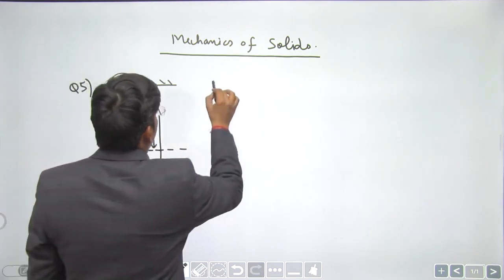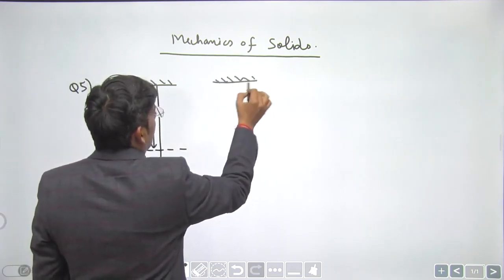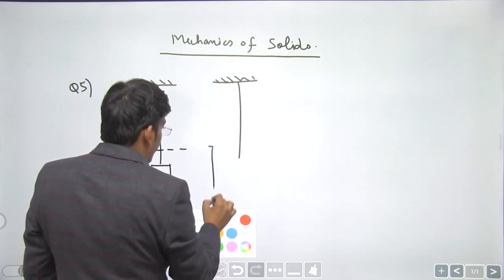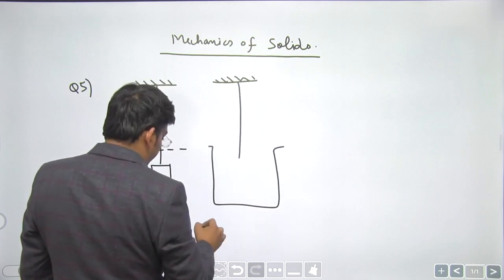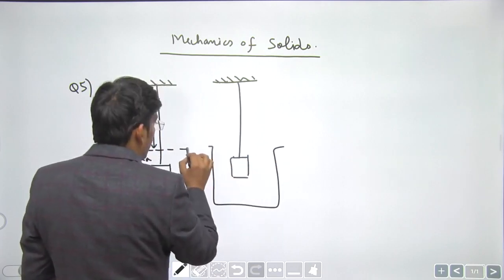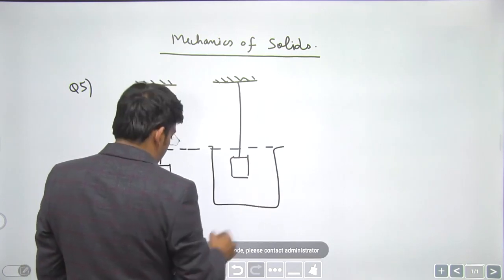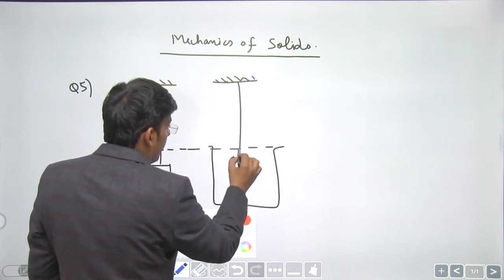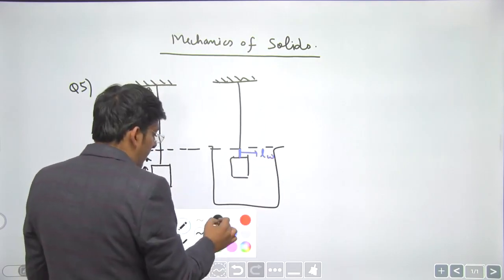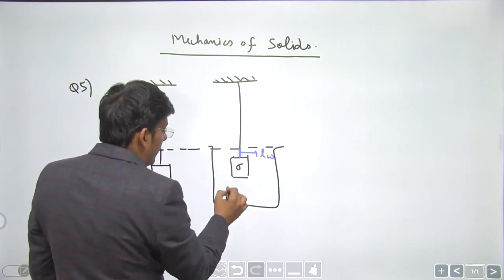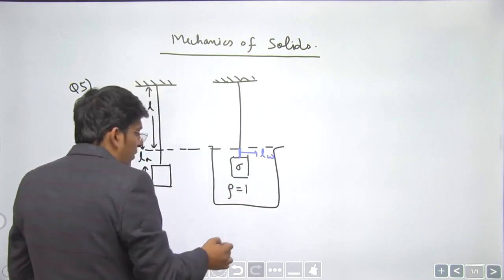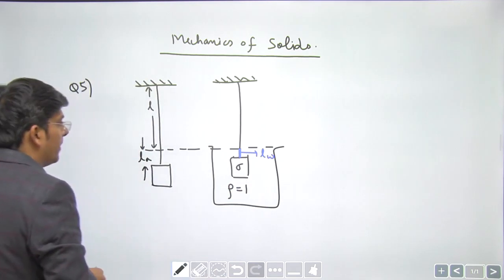When the weight is immersed in water completely, then it extends by length LW. Extension is LW. You are asked to calculate the relative density of the bob. If the density of water is 10 to the power 3, or you can say 1, you are asked to calculate the relative density of the bob.